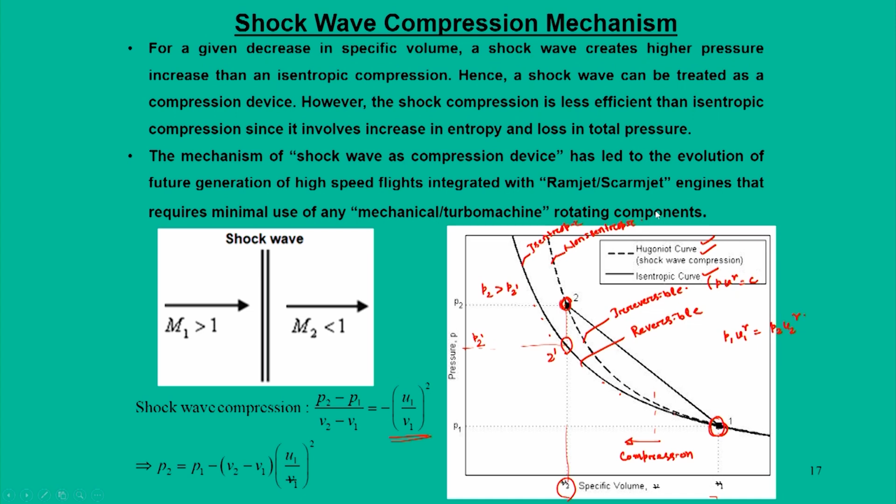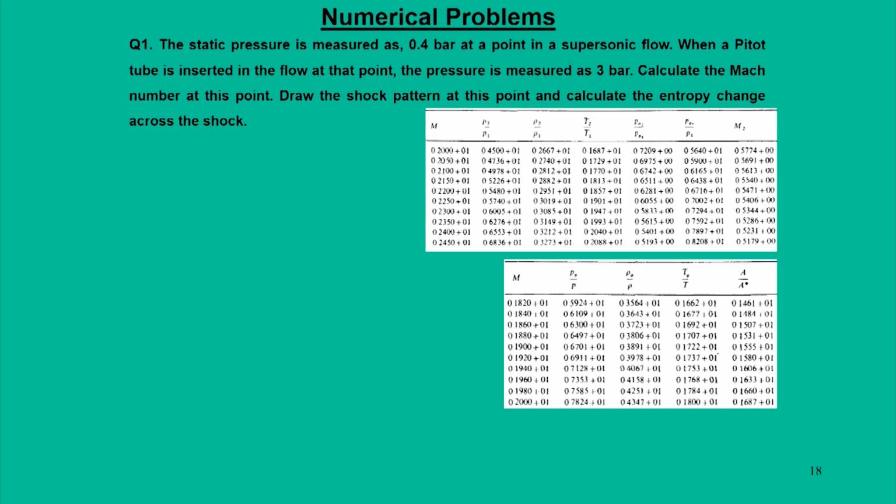So, shock wave compression is considered a wave based compression which does not require any mechanical parts or components. This is the basic underlying fact behind the evolution of ramjet and scramjet engines for the aerospace and space science community. So, this is all about the contents of this lecture.